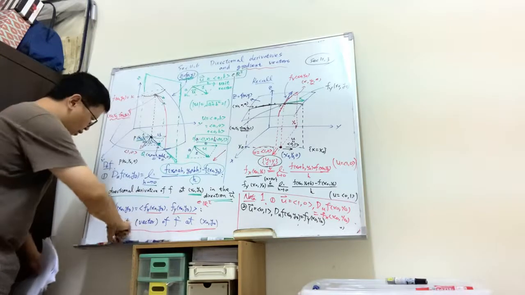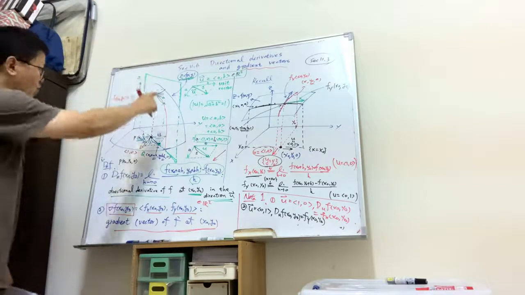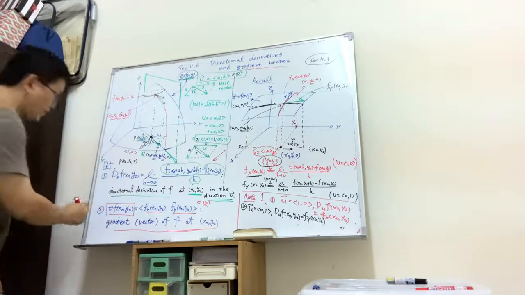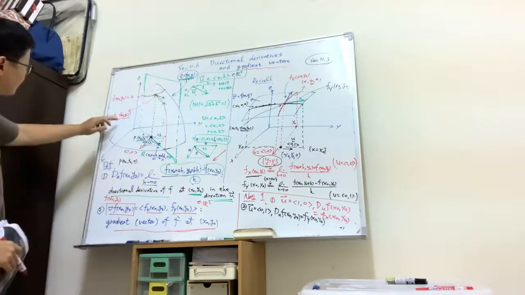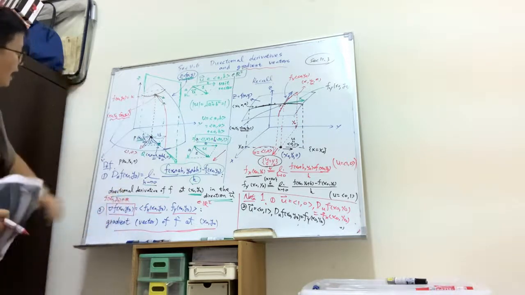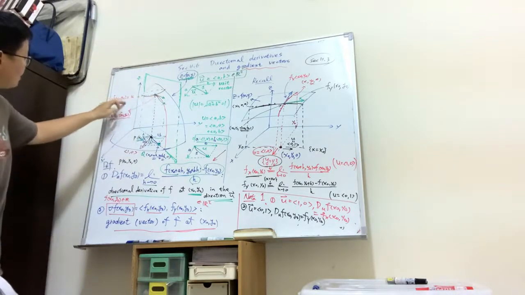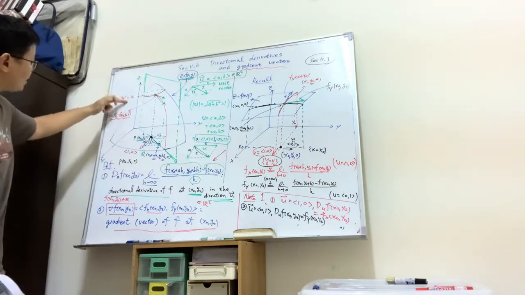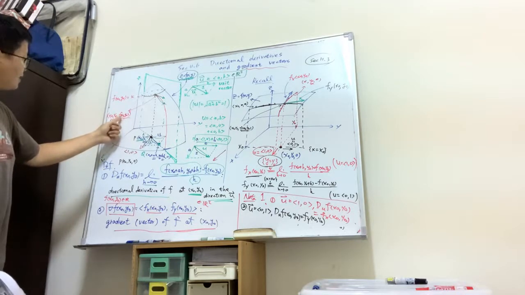Once we plug in the value x0, y0, we have f of x0, y0, which is a real number, and it means the height. We plug in x0, y0, we have the point, and its x coordinate is x0, y coordinate is y0, z coordinate is the value f of x0, y0.